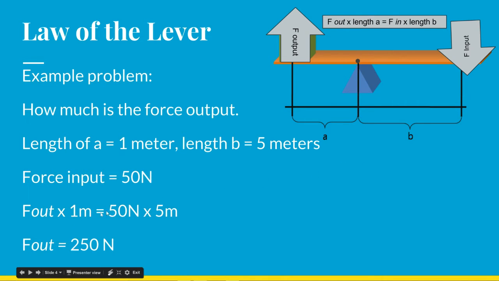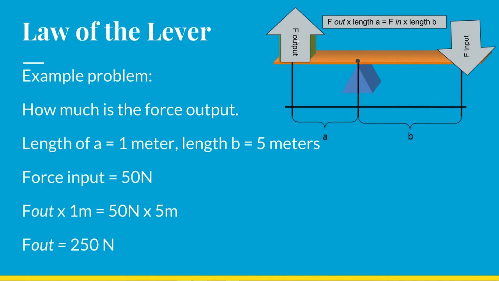Force input times 1 meter equals 50 newtons times 5 meters. All right, the force output you get, trust my math, is 250 newtons, right? So you're multiplying by 5 the amount of force that you are getting with this simple machine. Okay, so I put in 50 newtons of force and I get out 250 newtons of force.